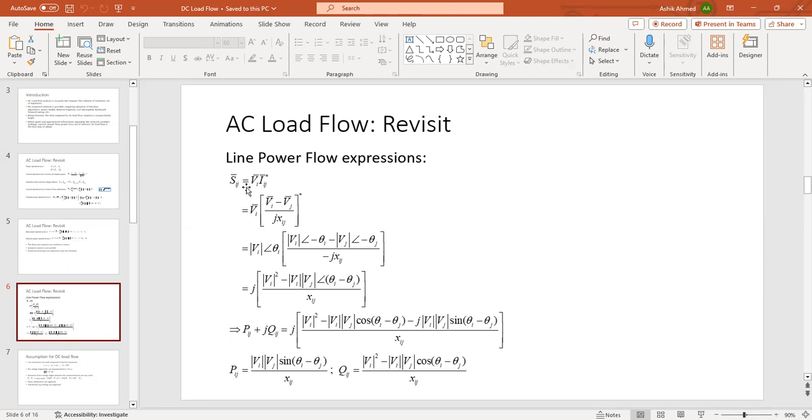So simply, S equals Vi conjugate, and Iij can be represented by the bus voltage phasor I minus bus voltage phasor J divided by the reactive part of the impedance, considering the fact that we are ignoring the resistive part of the lines. If we simplify this, finally we can find the reactive power flow through the line between bus I and bus J, and the real power flow through the line between bus I and bus J.